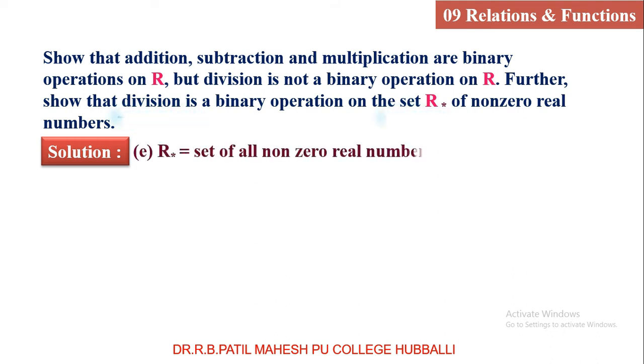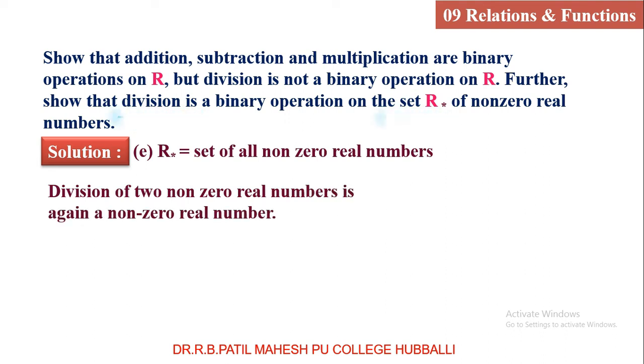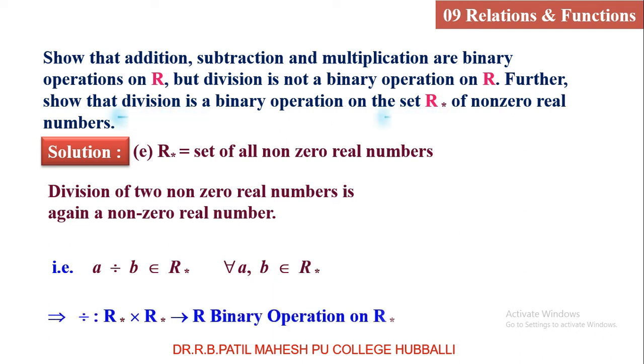R star is equal to the set of all non-zero real numbers. Division of two non-zero real numbers is again a non-zero real number. Definitely we will not take 0, then we get non-zero only. So A divided by B belongs to R star for every A, B belongs to R star. Therefore, division is a binary operation on the set of non-zero real numbers.